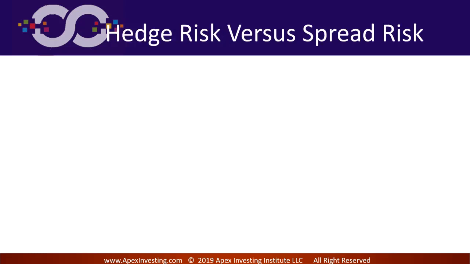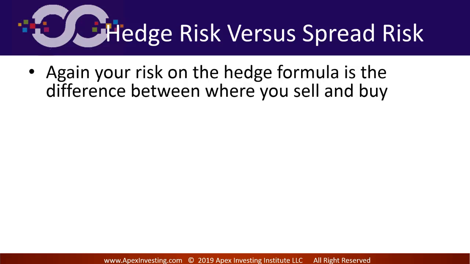Now, another thing that people get confused a lot, all right, is they confuse the hedge risk and the spread risk. So they totally get these all mixed up. Your risk on the hedge formula is the difference when you buy the underlying and sell the spread, or sell the spread and buy the underlying, or whatever. Sell the touch bracket and buy the spread.